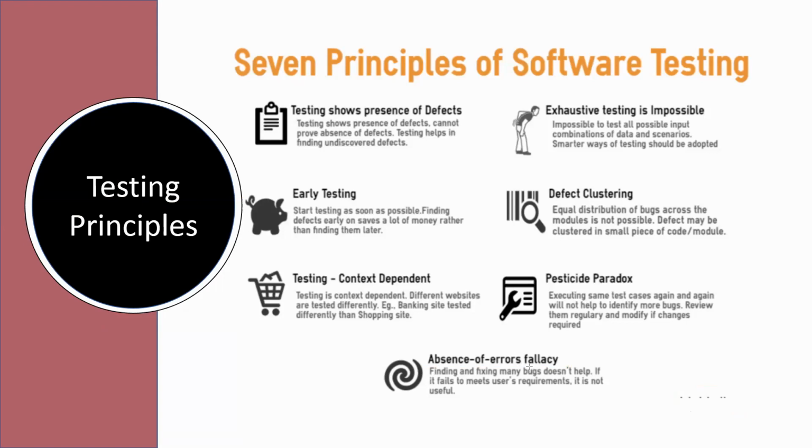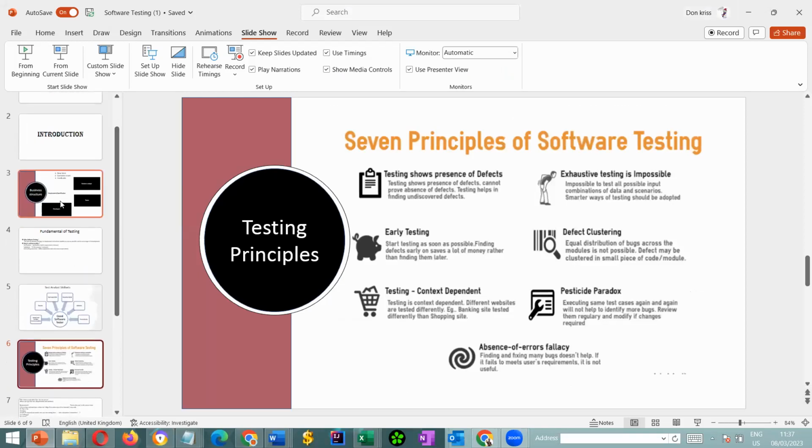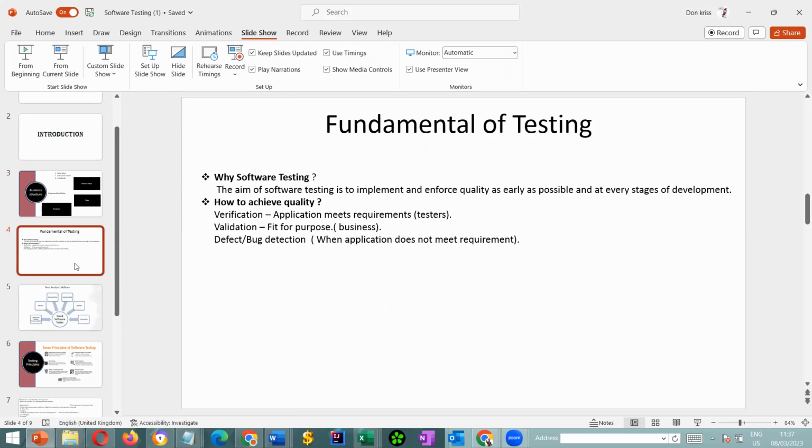So guys, in putting it simply, we've covered why testing is important, how testing is prepared, how we start. We've talked about the fundamentals of testing. Why software testing and how to achieve quality?